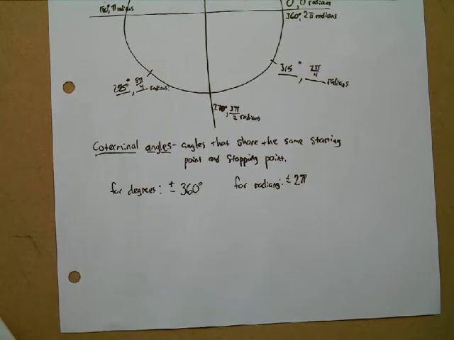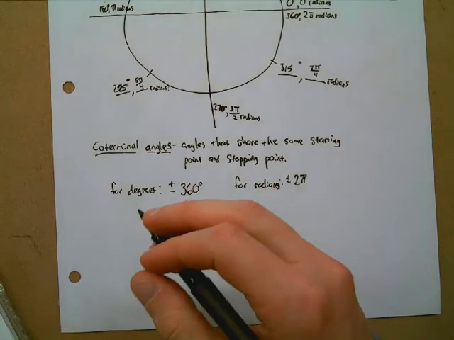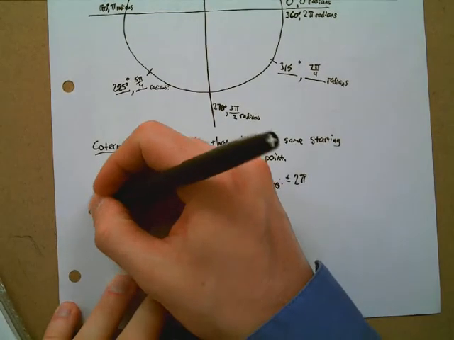For example, let me give you an example here. Let's say we want to give a positive and negative coterminal angle for each measure.